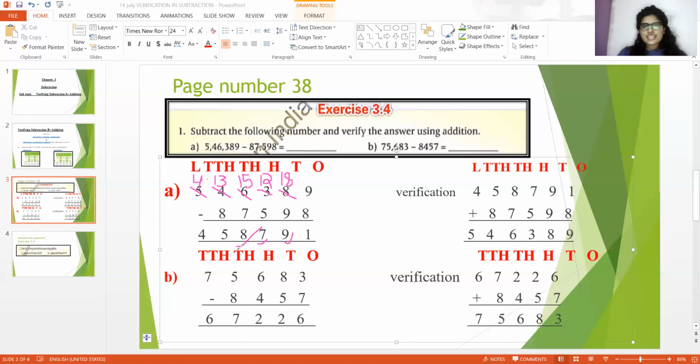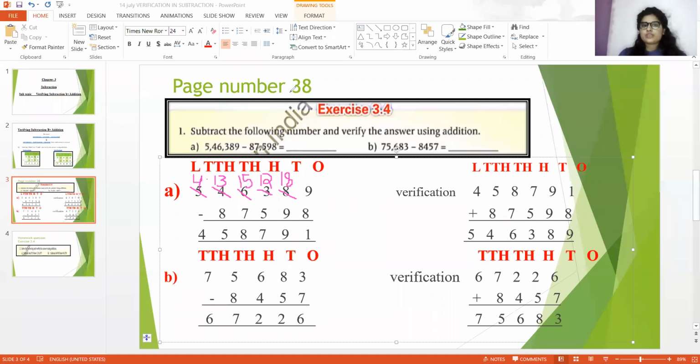So I will write here 5. Now at the lakhs place, I can see I have 4. So I will write 4 as it is. Now the answer will be 4,58,791.